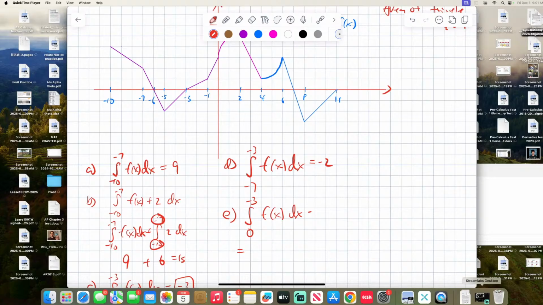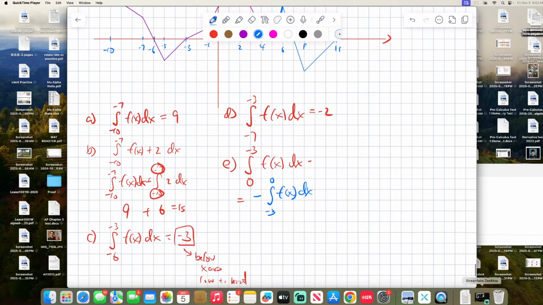So we know the property: we can switch this from -3 to 0, because when we look at area, it's always from left to right. But right now it's right to left. So I switch that, and then I have -3 to 0. Now I can figure out the area. The area here is going to be 1 and this 2, so 1, 2, 3. So it ends up being -3.